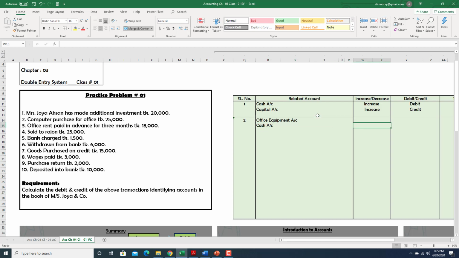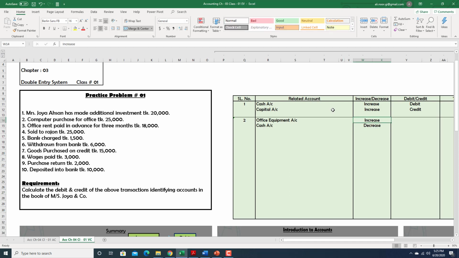Okay, since the business of Joya Hassan received a computer, so it will definitely increase the office equipment or asset account, so we can write here increase, and since we made the payment of the purchase by cash, so cash must be decreased, so we have to write here decrease.